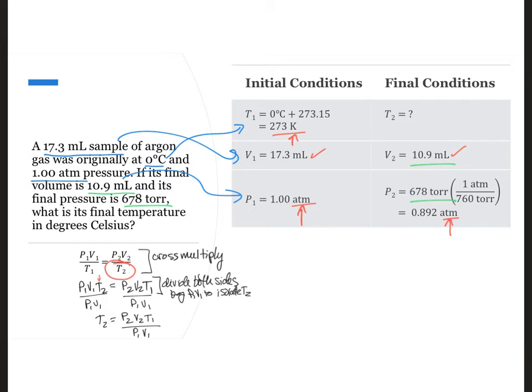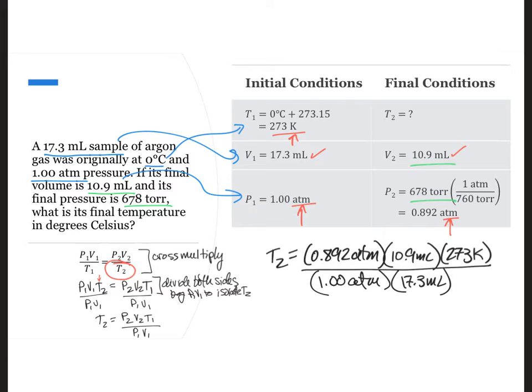Dropping in all the values, we get T2 equals 0.892 atm times 10.9 milliliters times 273 Kelvin divided by 1 atmosphere times 17.3 milliliters. Solving, we get T2 equals 153 Kelvin, or in degrees Celsius, T2 equals 153 Kelvin minus 273.15 equals negative 120 degrees Celsius.